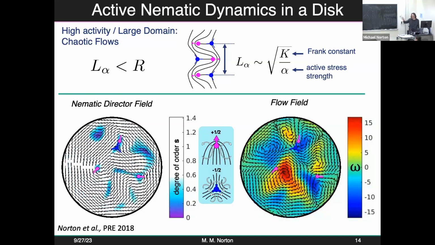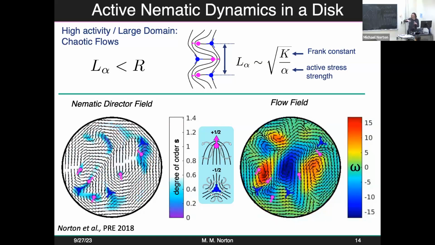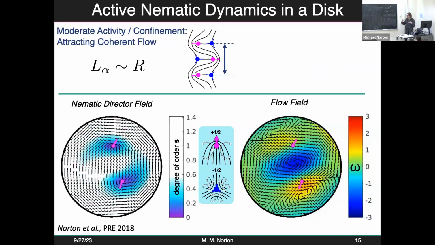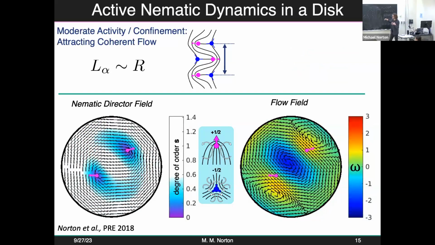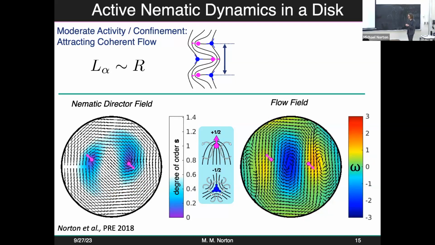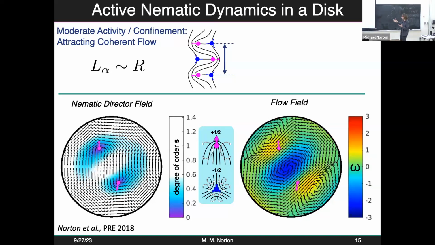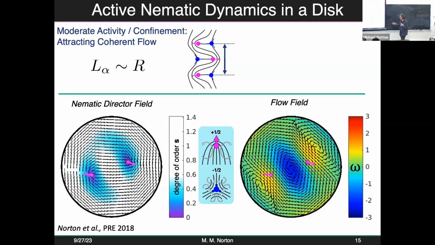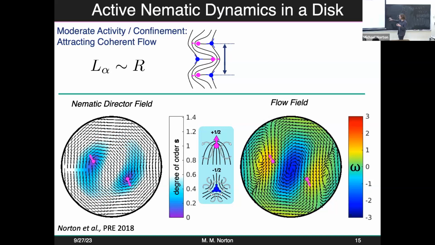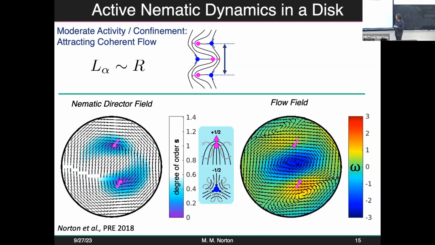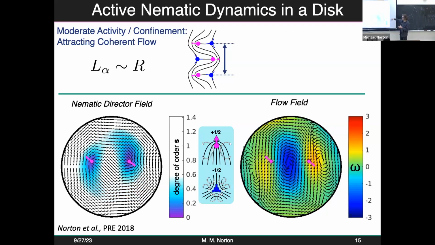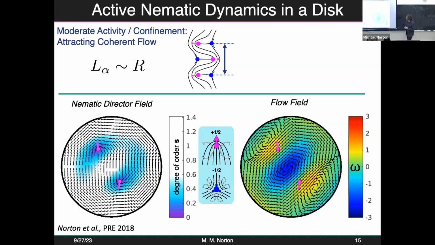In our case, the domain size is larger than that active length scale, but we can shrink the domain to be on par with that active length scale. Then we get qualitatively different dynamics where we're no longer actively nucleating defects. Instead, we have just two plus-half defects that are required by the topology of the container that are just precessing around each other. Okay.